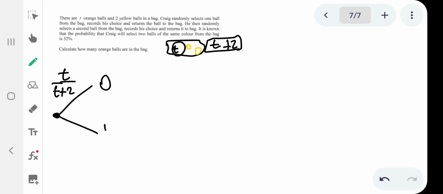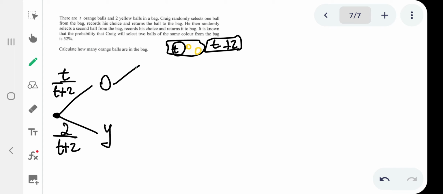But then what if this person got yellow? The probability of getting yellow: 2 balls in that bag are yellow, and the total is T plus 2, right? But if after picking the first ball he returns the ball inside the bag, surely the total does not change. It still remains T plus 2, right? So for the second pick, let's say he got orange.